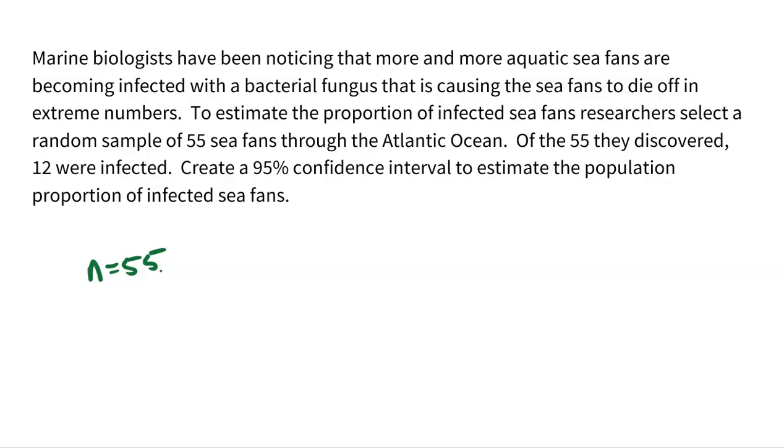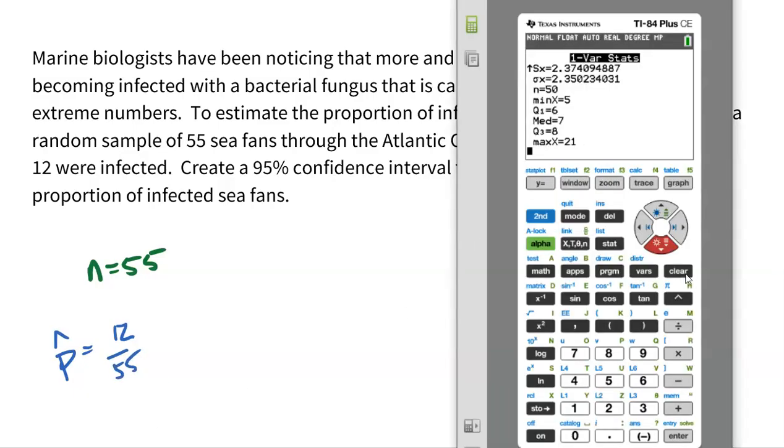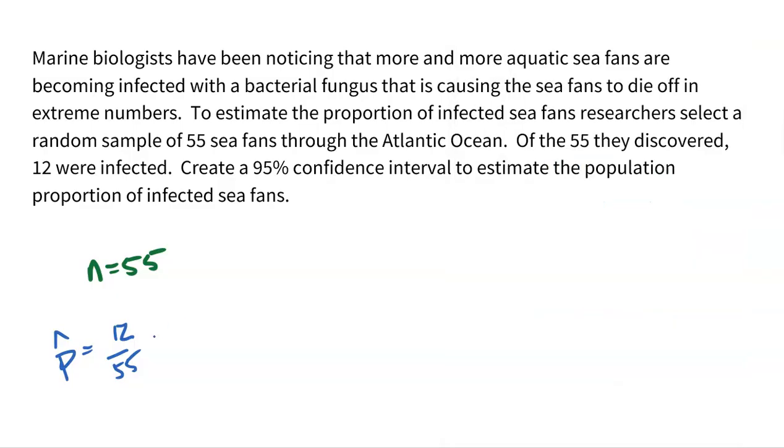There's my sample size. That's one value I'm going to need to know. And they find out that 12 of the 55 are infected. That's going to be my p hat. 12 out of the 55 are infected. And if you need a calculator to figure that out, don't be ashamed. 12 divided by 55, because we do want to use the decimal there, is 0.218.